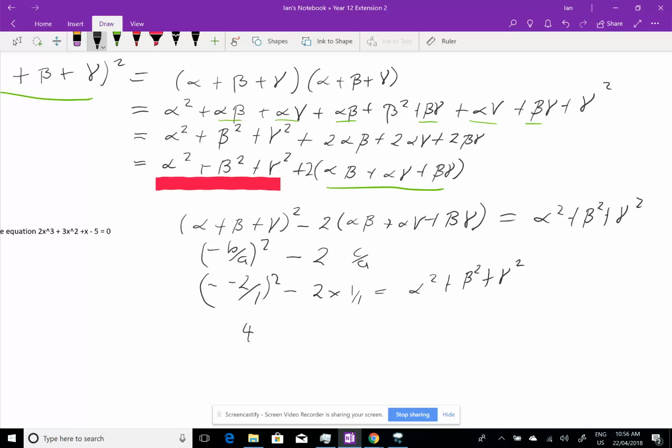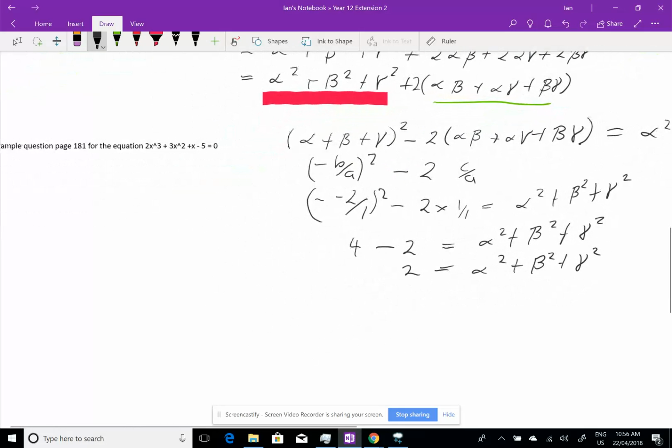So it's going to give me 4 minus 2 equals alpha squared plus beta squared plus gamma squared. 2 is alpha squared plus beta squared plus gamma squared. Okay, well that was pretty easy.